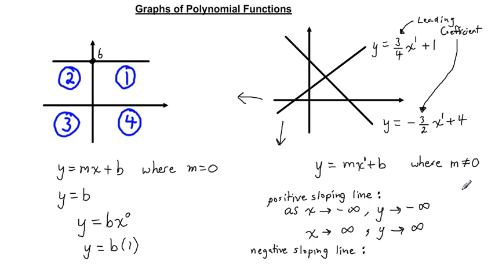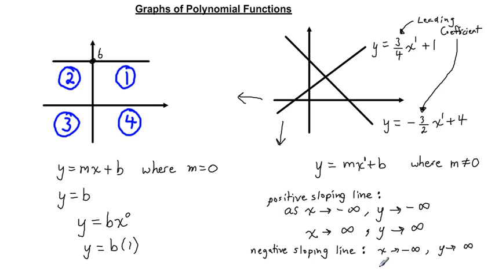So just to wrap up the negative sloping line, you can see it's starting in quadrant 2 and finishing in quadrant 4. So we have a case that as x approaches negative infinity here with a negative sloping line, the y values actually approach positive infinity.